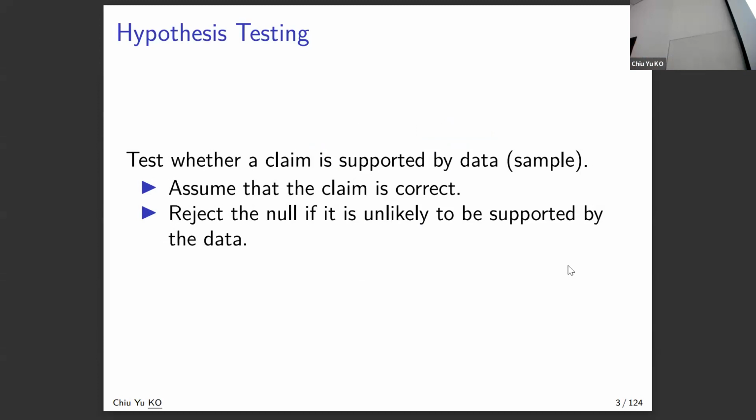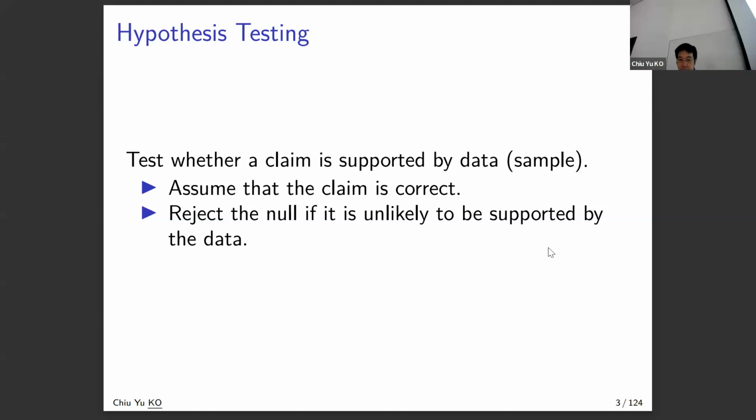With estimation, we have absolutely no clue about the population, and we look at the data and try to make an educated guess about it. Now we just reverse: we have some idea about the population, and we see if the data support the claim.